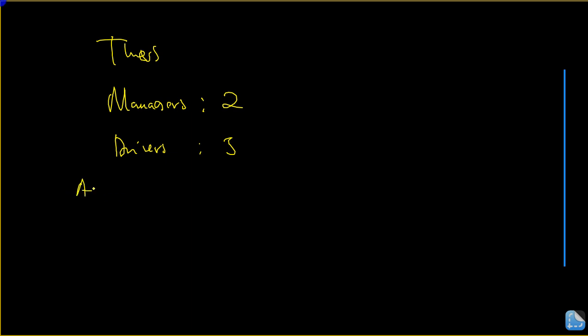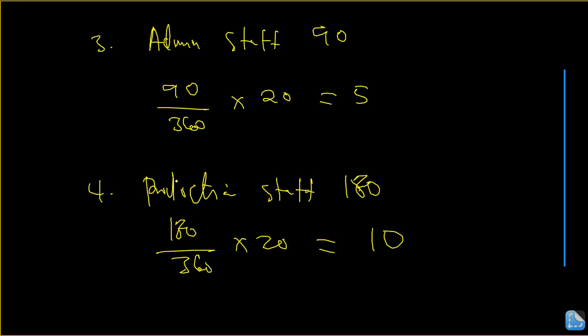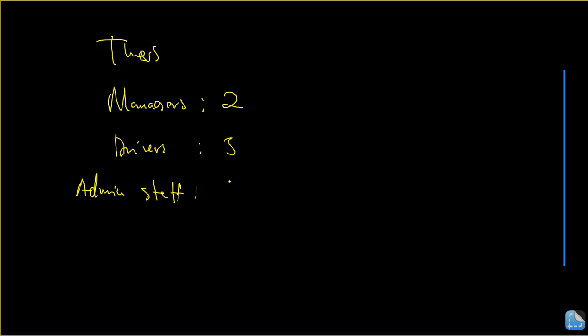Okay, so once you have written this, we are going to say therefore, or thus, our managers must be 2, our drivers must be 3, and our admin staff should be 5, and then our production staff must be 10.